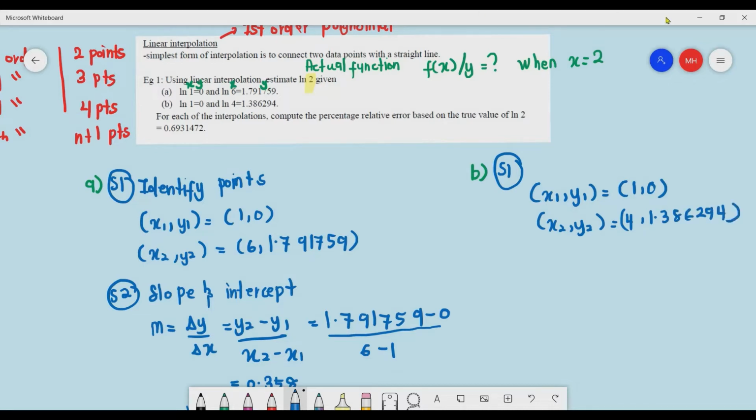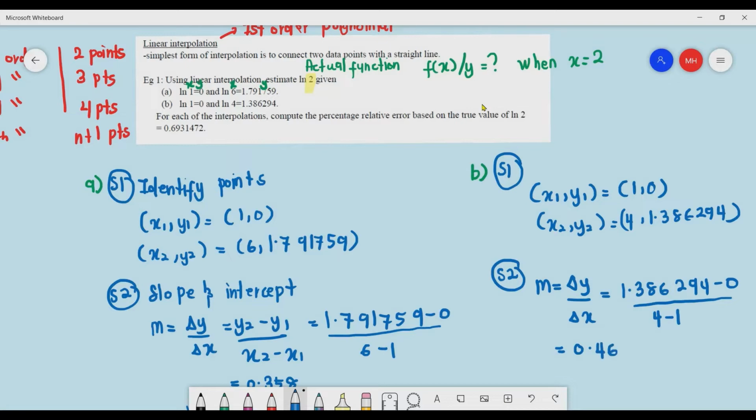Step number 2, do the same thing to find the slope. It's given by m equals change of y over change of x, which is 1.386294 minus 0 over 4 minus 1. So you will get the answer 0.462.